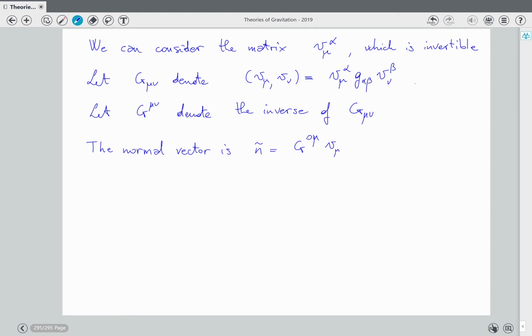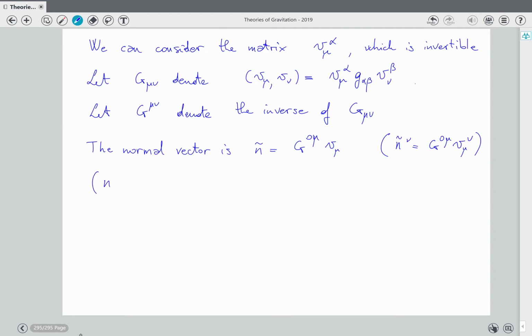which means that its components are these. Components are those that I obtain placing that index. So this is a normal vector. Yes, so let's write it explicitly: G0 mu V mu. What does it mean?